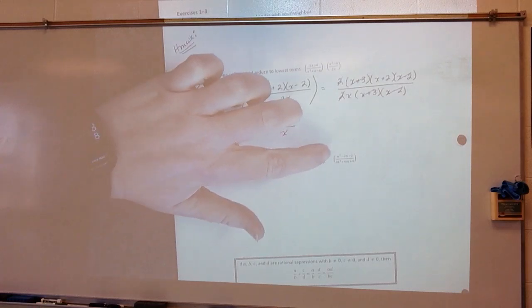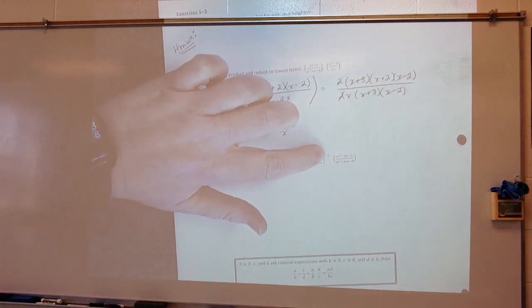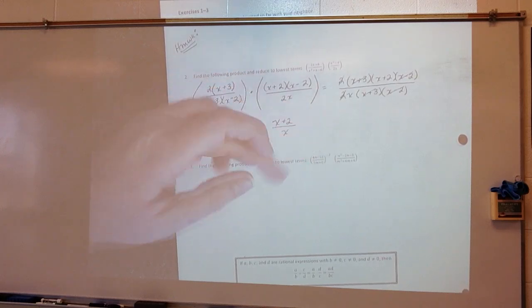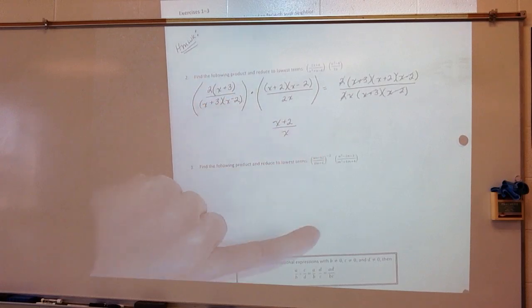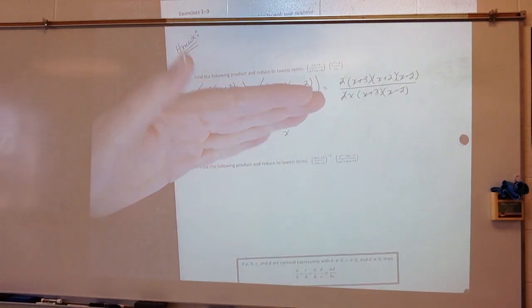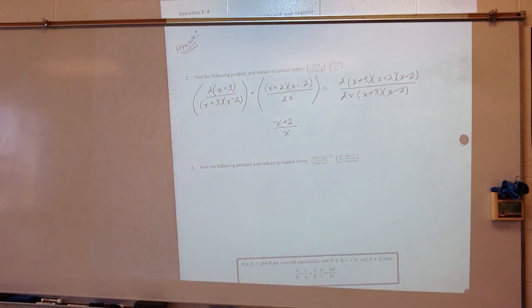Guys, if you remember, when I have a negative exponent, in order to get rid of that, I would take everything on the top and take it to the bottom, and everything from the bottom, take it to the top. So I can flip that to make it a positive exponent.